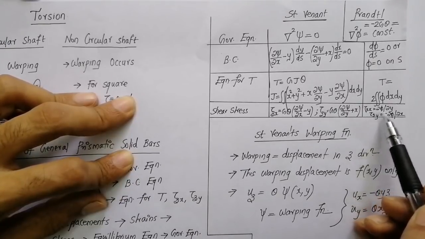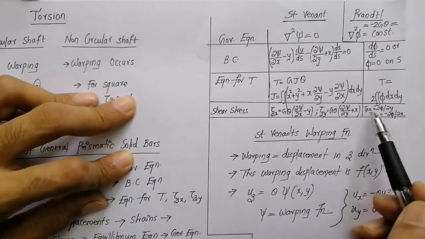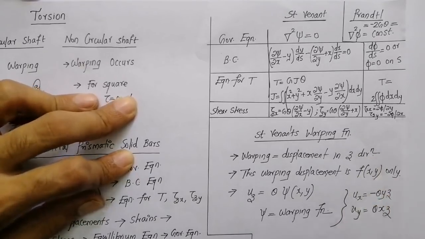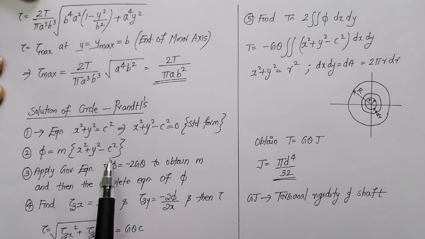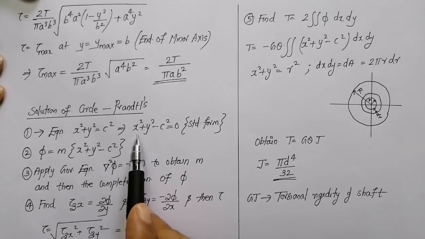Tau zx equal to dou phi by dou y and tau zy equal to minus dou phi by dou x. I have explained earlier that only two stress components exist in the torsion problem of a prismatic bar. Now before proceeding to the problem, I will simply explain what are the basic steps which need to be followed for solving the circular cross-section problem using Prandtl's.